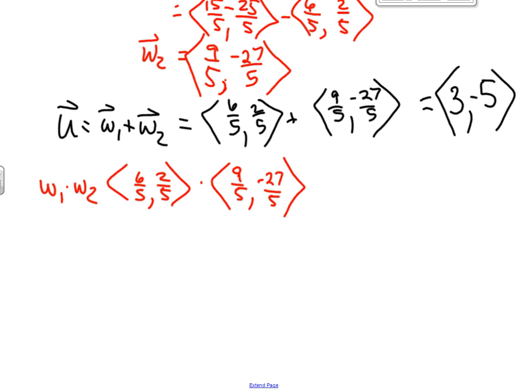What's 6 times 9? 54 over 25. And what's -27 times 2? Minus 54 over 25. So they are indeed orthogonal, just a little extra check there.